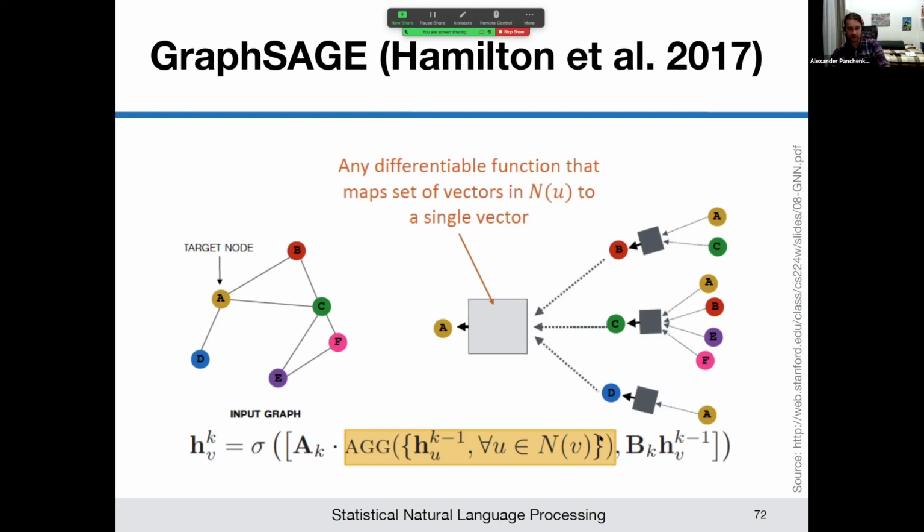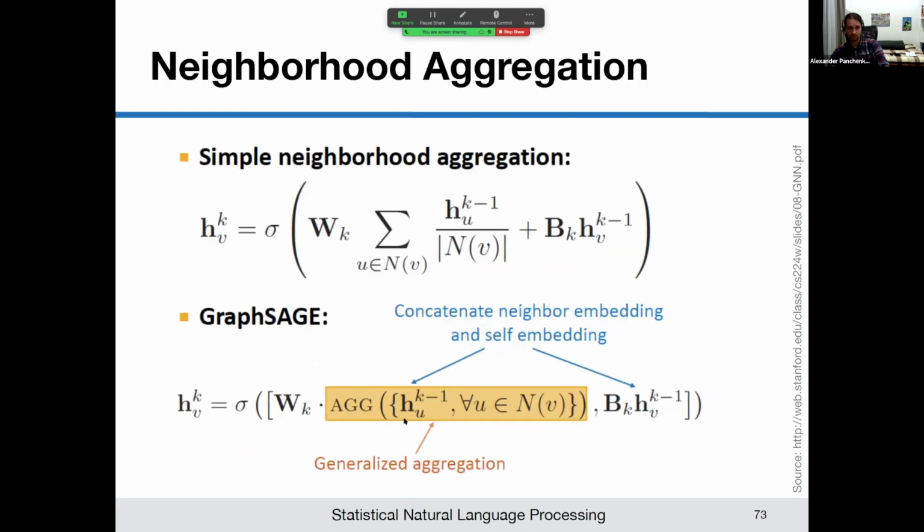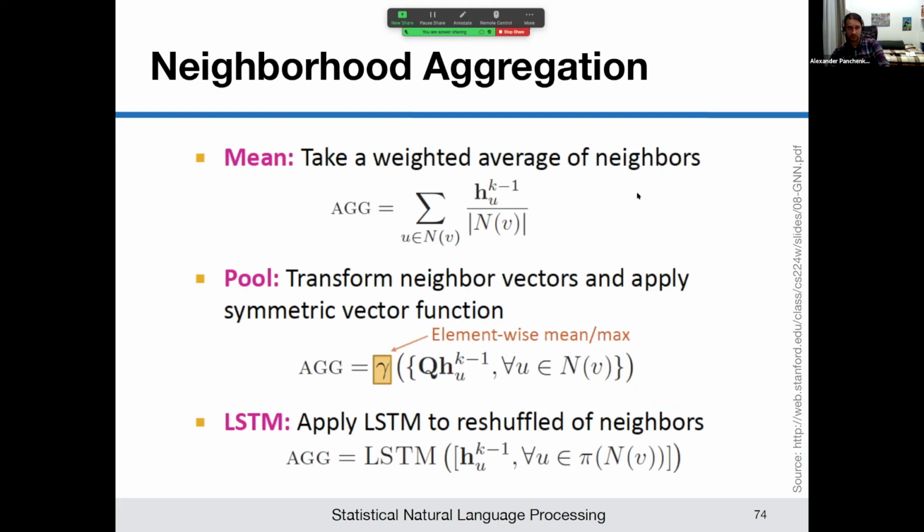And obviously there are several functions or approaches which can serve this purpose. This is the simplest one, which is what we've seen in GCN. You perform the aggregation by averaging. But you can also take the maximum value, or you can have a particular transformation for each neighbor.